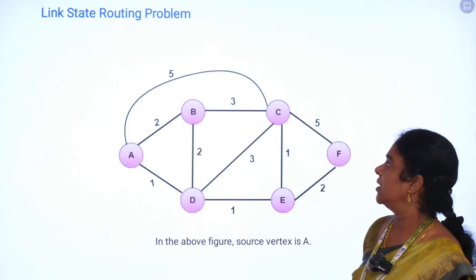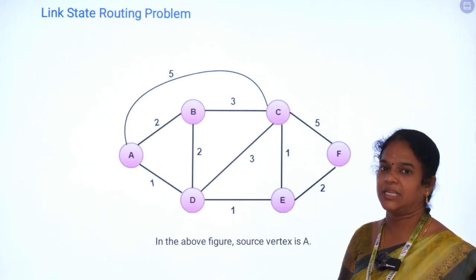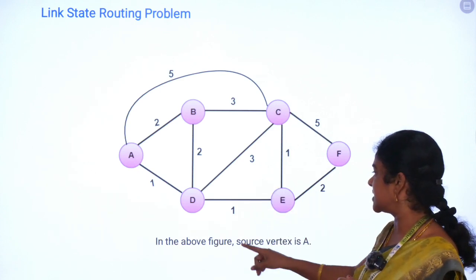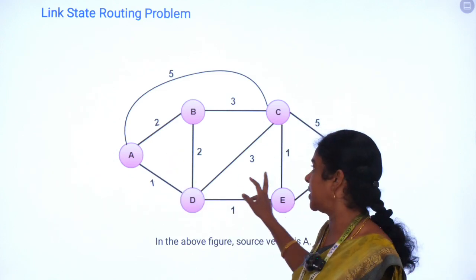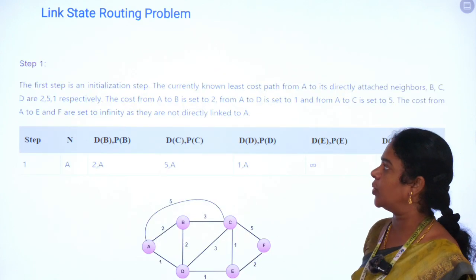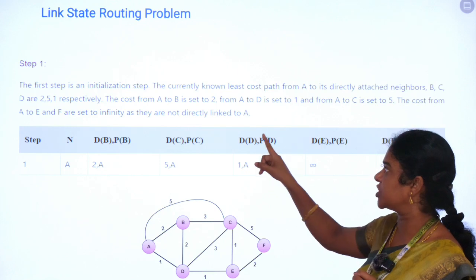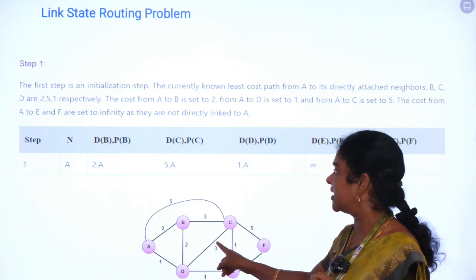So this is the diagram for link state routing. In this figure, the source vertex is A. The first step is the initialization step, and at every step we need this diagram.